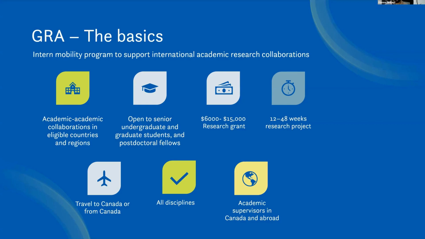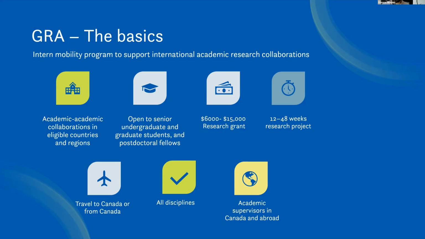The standard award for GRA projects is $6,000, but it can go up to $15,000, especially for the quantum offering, and I'll explain in which situation the funding can go up to that. And for each of these projects, it is between 12 to 48 weeks. Also, the program supports projects that include mobility to Canada and from Canada.